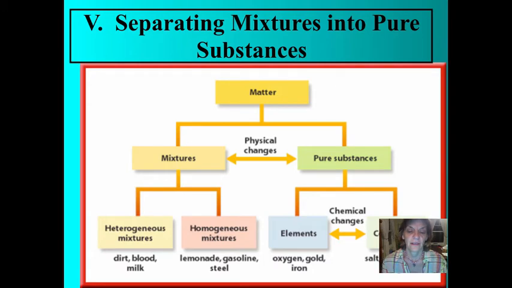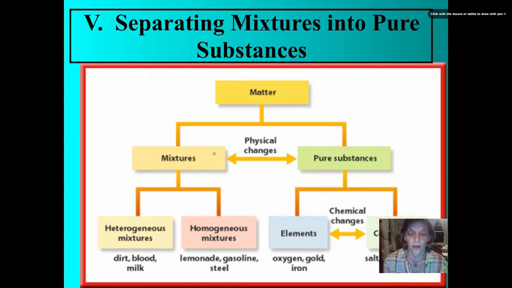All right, so that is our classification scheme. This is similar to what we just put together, only just flipped over. The mixtures and the pure substances are on opposite sides. So one thing that we can think about using this scheme is how we might separate the mixtures that are made, because that's an important thing in chemistry, being able to separate something out that you need, because most things come in mixtures.